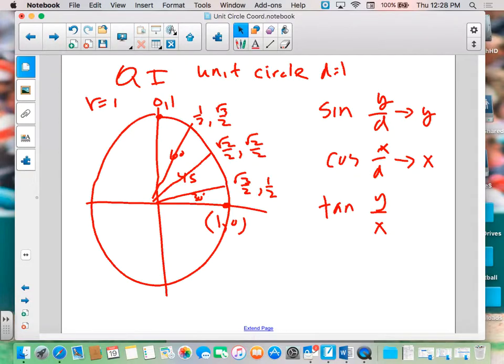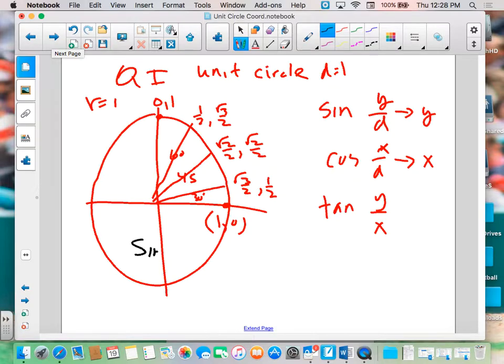Here's what's cool, everybody. The sine of 30 degrees is a half. I go right here and look at my unit circle. The sine of 45 degrees is root 2 over 2. I go right here and look at my unit circle. And you can probably guess the sine of 60 degrees is root 3 over 2.